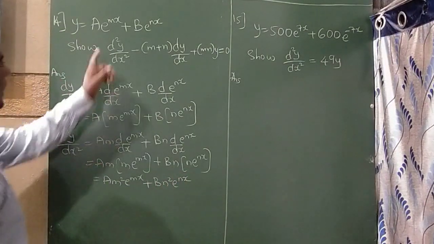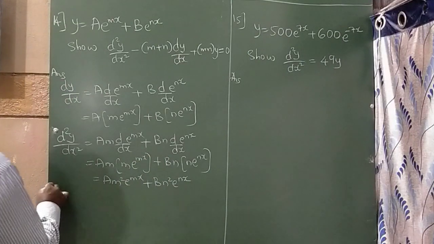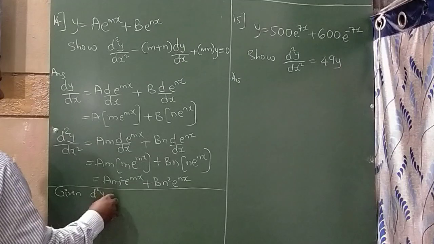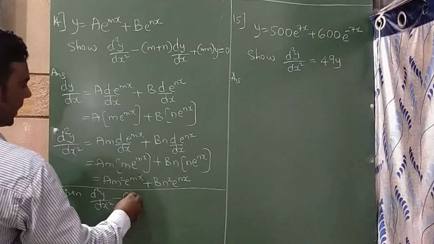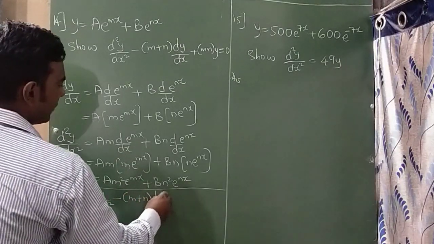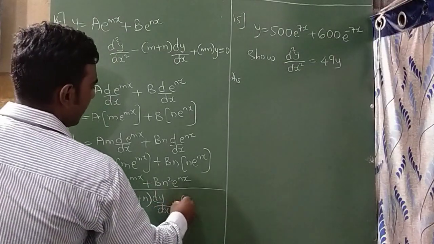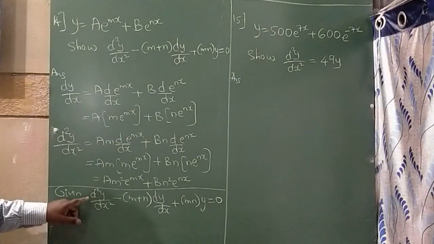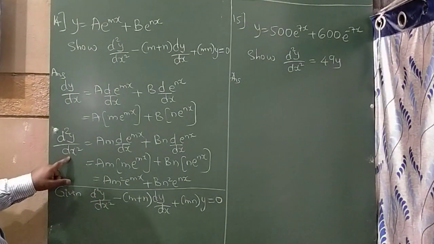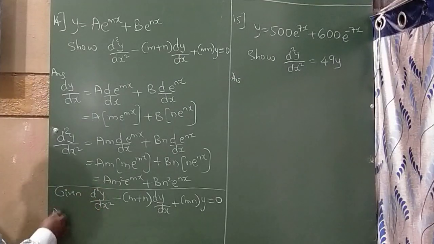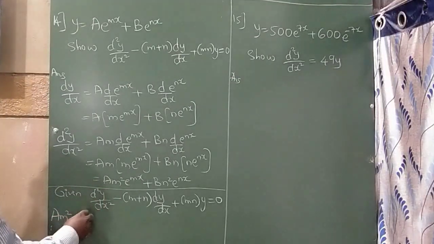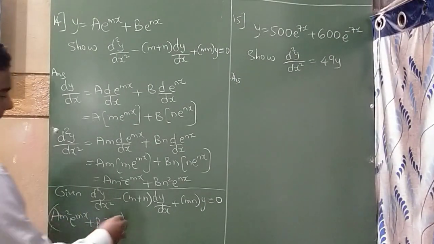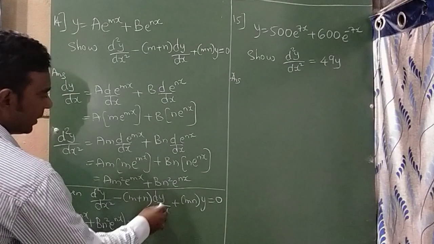Now write this given equation here: d square y upon dx square minus (m plus n) dy by dx plus mn y is equal to 0. So let us substitute the values. d square y upon dx square is here, so I have to write a m square e raised to mx plus b n square e raised to nx, minus (m plus n) dy by dx.